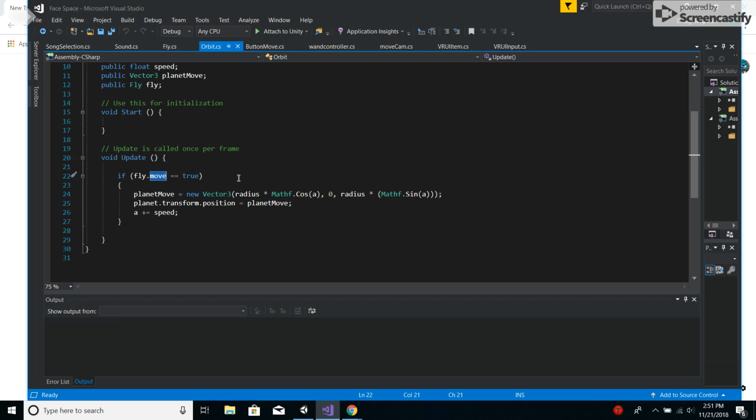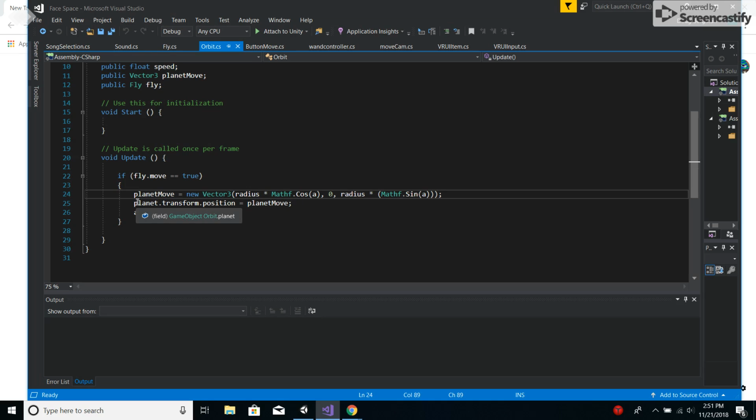So if that's true, then that vector planet move is going to be defined by the vector I talked about, where the x-coordinate is the radius times the cosine of the angle, the y-coordinate is 0, and the z-coordinate is the radius times the sine of the angle. So that was the vector.